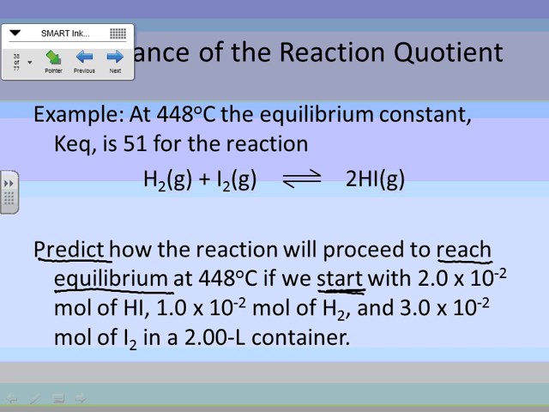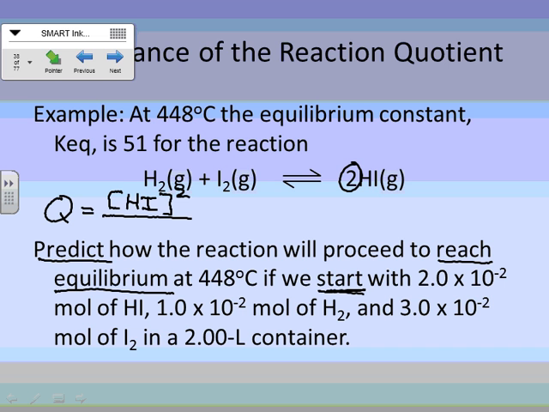So I wish I had more room here, but I think we got enough room to do this. So our Q expression for this one, let's just go ahead and write that first. It's going to be the concentration of HI. Do I need to do anything to that? We got to square it because of this coefficient 2, right?